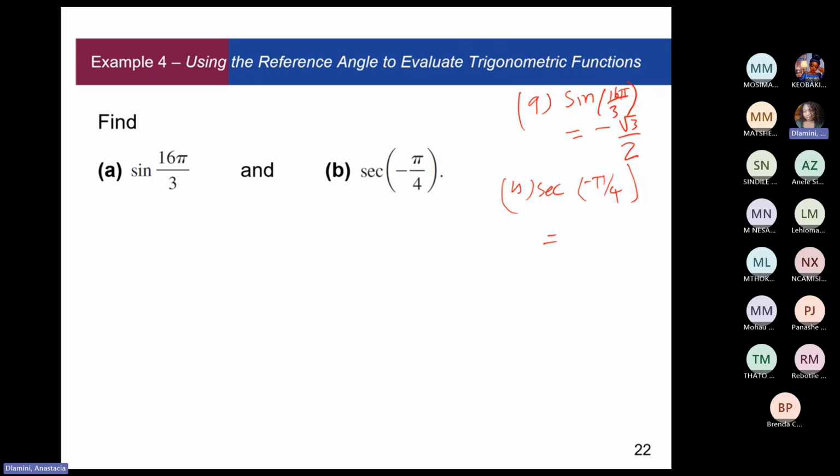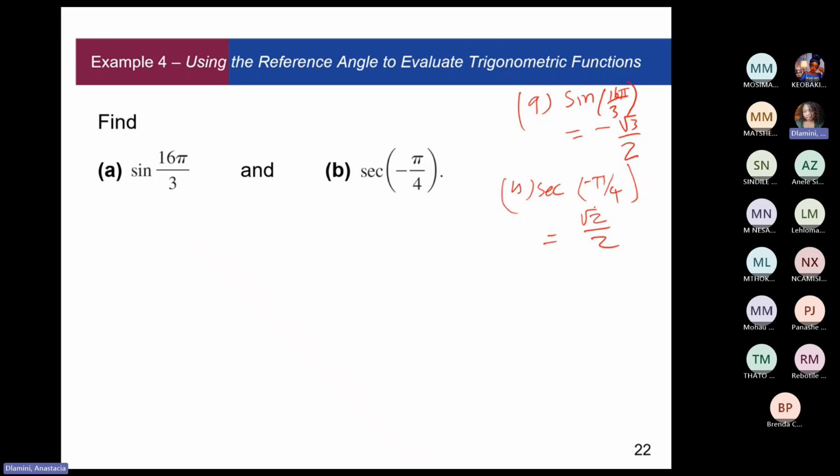Sec negative pi over 4, please. Root 2 over 2, ma'am, is what I got. You got that from doing what? Not a calculator, right? No, ma'am. Not a calculator.